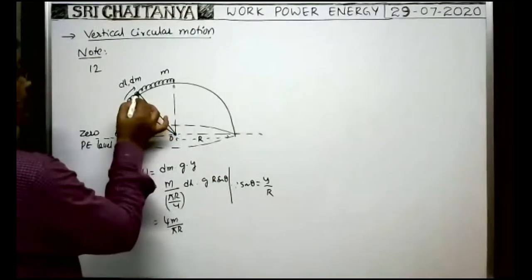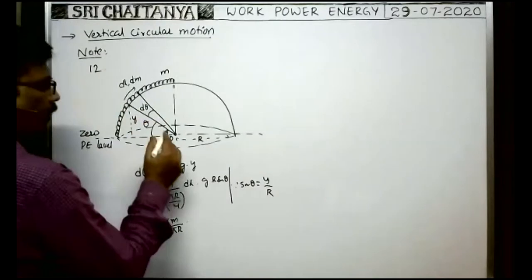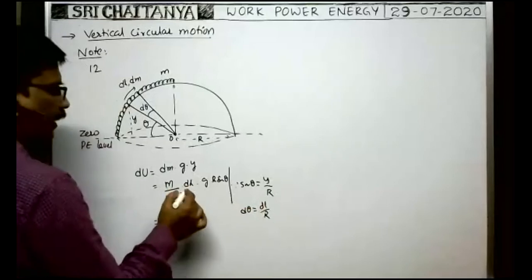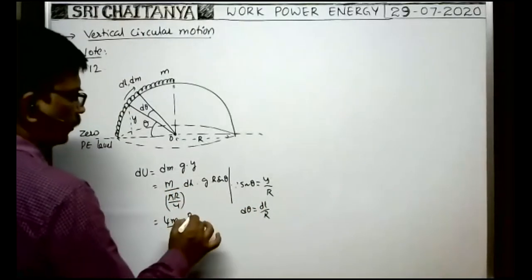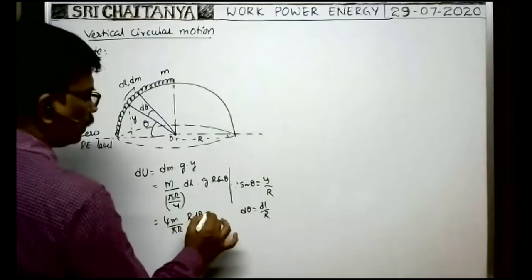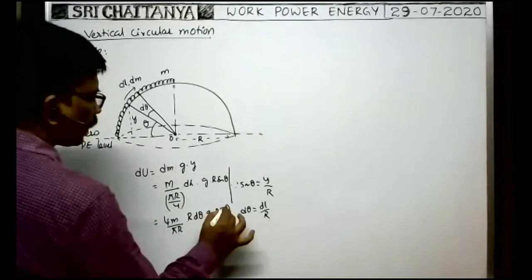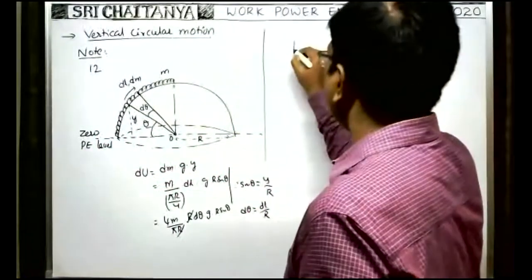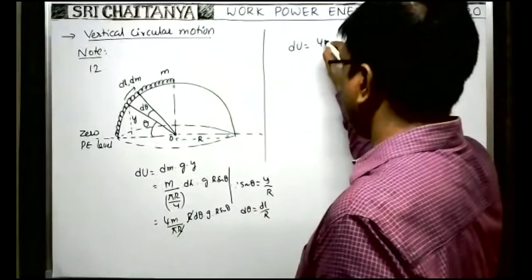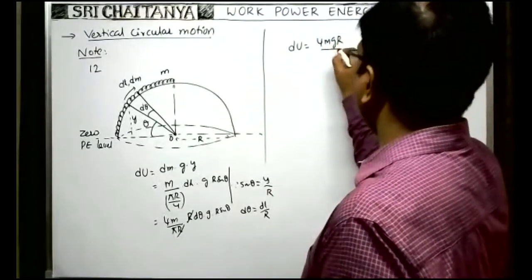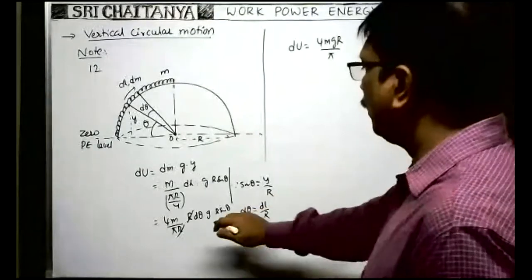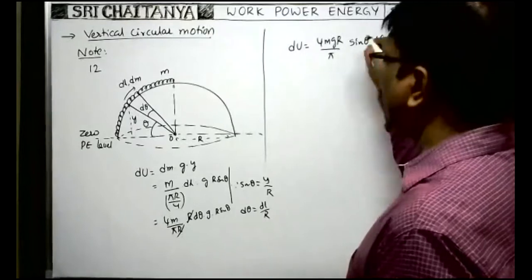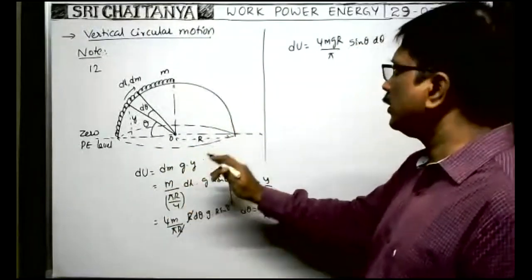The angle subtended by the element dl at the center is d theta, so d theta is arc by radius. Then arc dl can be written as r d theta. So r d theta into g into r sin theta. Here one r will be cancelled. Then remaining dU is equal to 4mgr by pi into sin theta d theta.